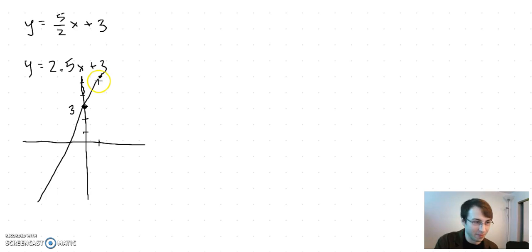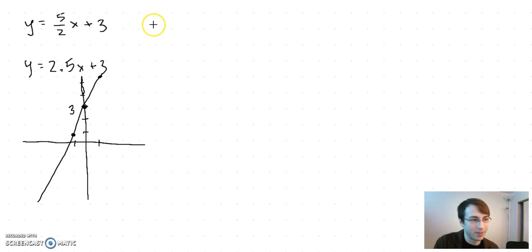If you ever run out of room on your graphs and don't really have room to extend it, you can always go backwards. Go left 1 and then go down 2.5. So if we were to do that, we'd go left 1 and down 2.5, we get to 0.5, and yeah, that still works. You get the same line either way.